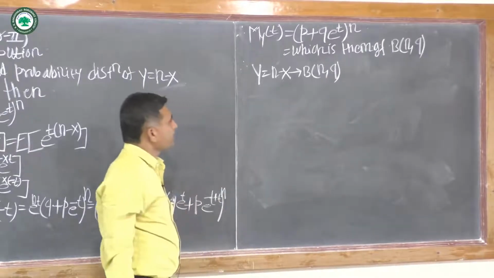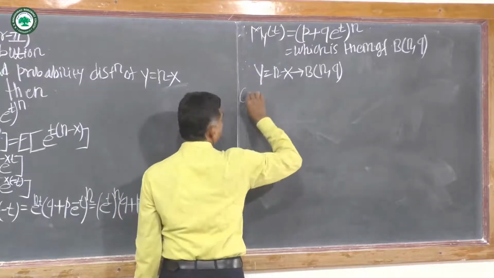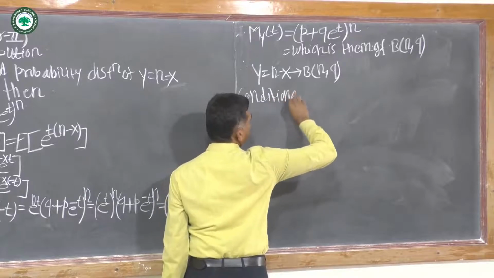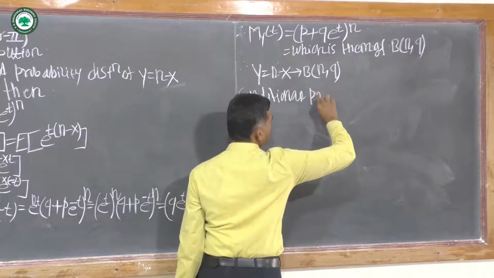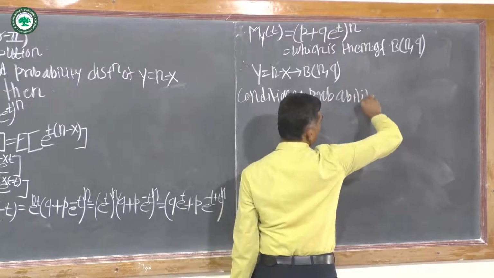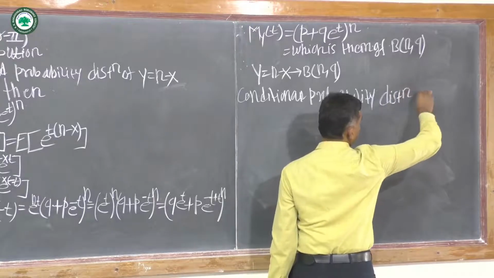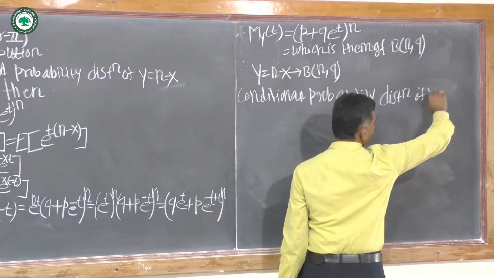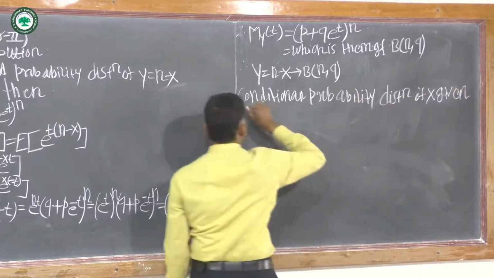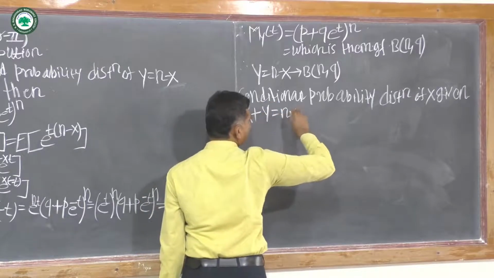Now we see the conditional probability distribution of X given X plus Y equal to n.